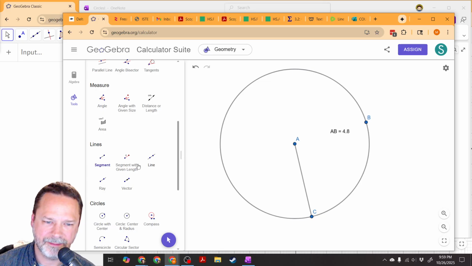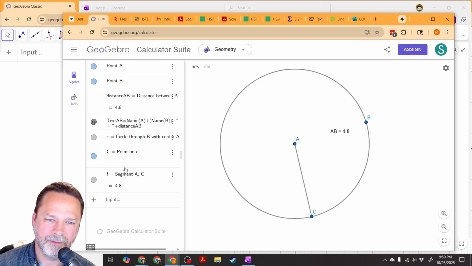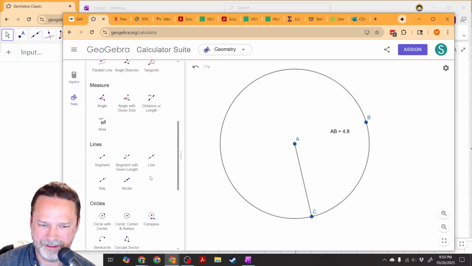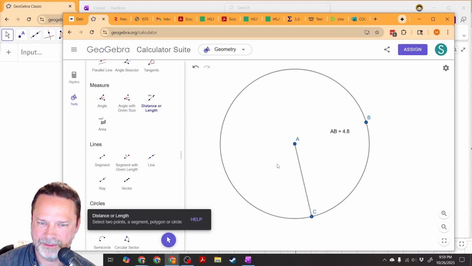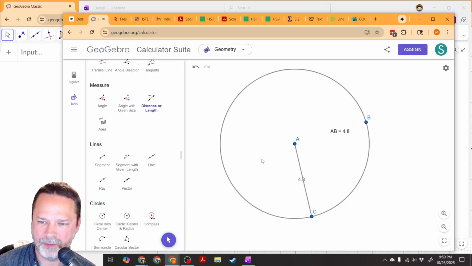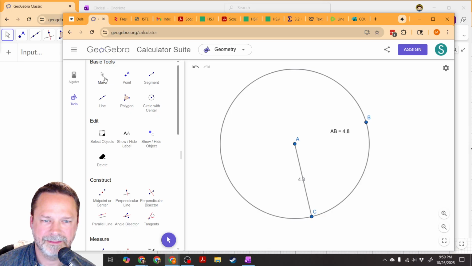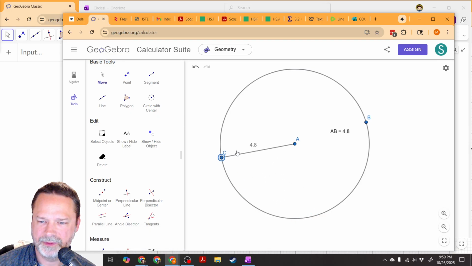So we'll make a segment. One thing we can do is go to the algebra tools. We see the distance of that segment, the length. But what we can also do is find the distance again. Use my distance tool and click on this. 4.8. You can see that there. Let's see. Move. So I can slide that around and we can move this. No matter what, it is 4.8.